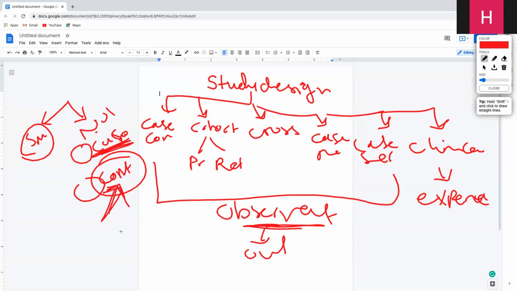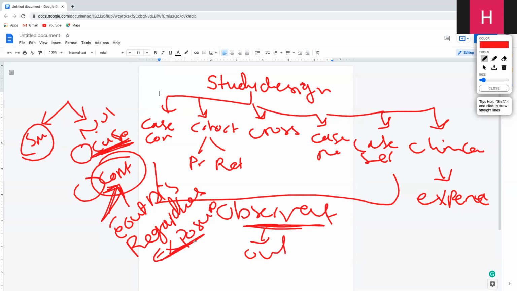The control definition is those without the disease, regardless of the exposure, because the exposure is the thing that you are looking for in a case control study. So if any answer shows that the control group are those who are exposed or those who are not exposed, you just exclude it from the answers, because the exposure is the thing that you are looking for.